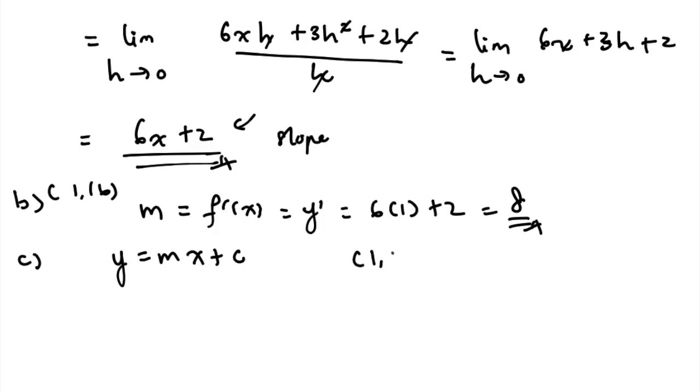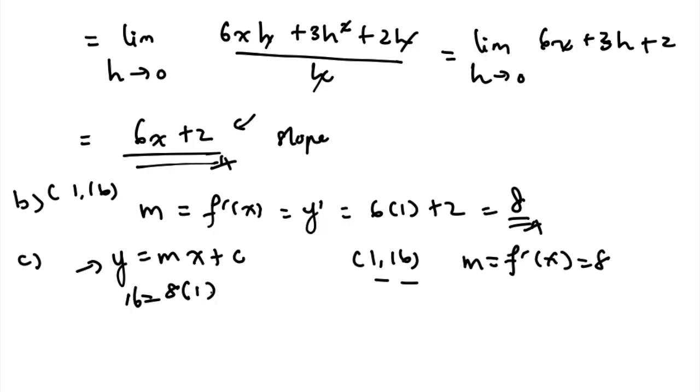So you have point 1, 16. Also, you already have found m, which is f prime x equivalent to 8. So with this information, you can plug into this general equation to find the answer for C. So we have 8, and then we have 1, and then we have 16 here.